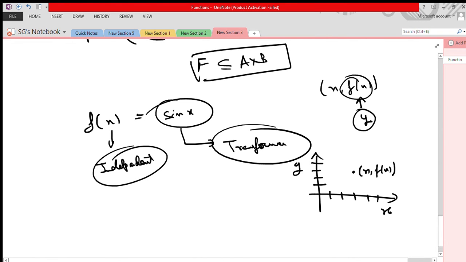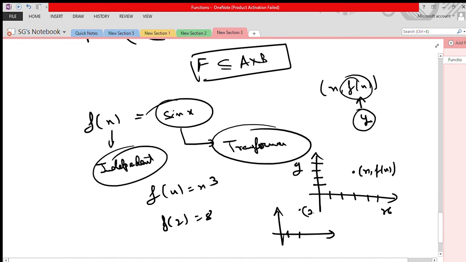Clear? For example, you are given f(x) equals x cube. You take f of 2, which maps to 8. So you can plot it like this. Let's say you have 1, 2, and this is, let's say, 8. So this gives you the point (2, 8). Clear? Okay. And since f(x) equals x cube, this function can have many inputs. Actually, all real numbers can be used as input here.